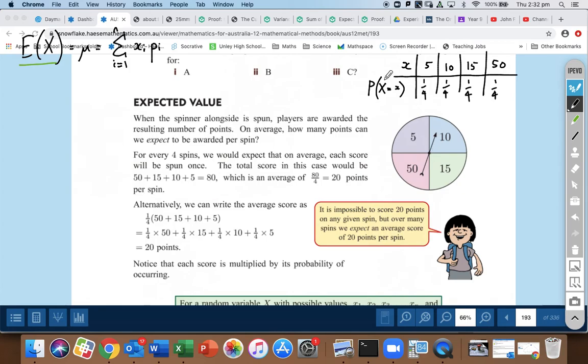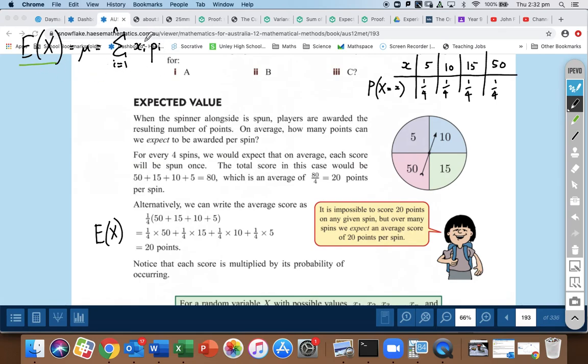To work out the expected value, they've already done it here, so I won't redo it. But the expected value of our variable would be 1/4 times 50. They've started at this end for some reason. Plus 1/4 times 15. Right? And that's how we're using this formula that we've got up the top.